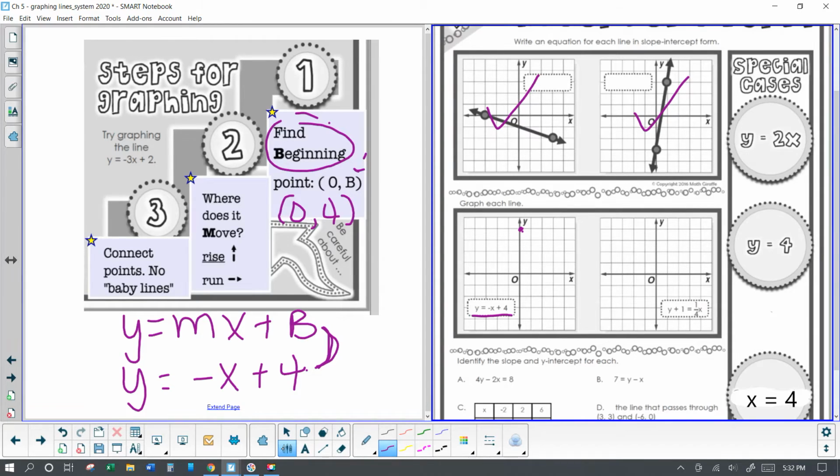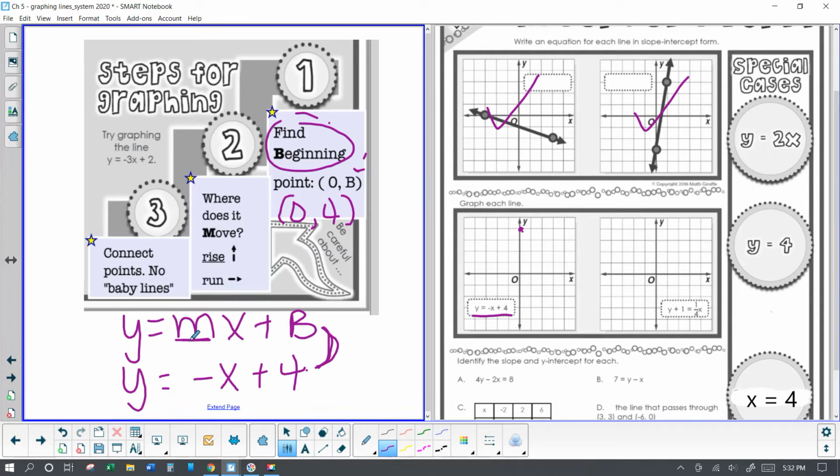Once I have that point placed, then I find my slope. My slope is always the number that is paired with the x. And so this number that's in front of the x, well, when I look down here, I only have a negative out in front of the x. So what number is paired with this x right here?